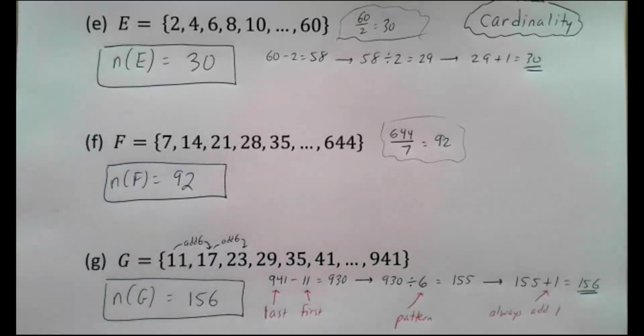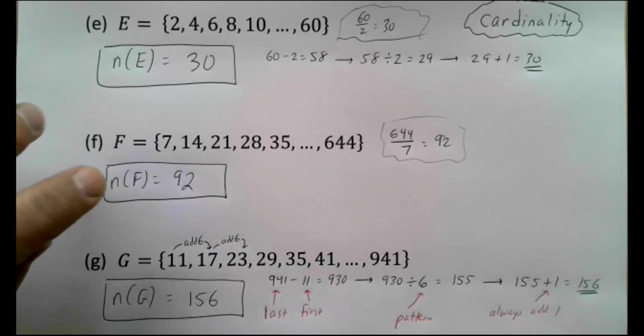For some of you, you're like, I got it because that's what my teacher said. If my teacher said that's the rule, that's the rule, and okay, I'm good with it. Others of you are like, I want to know why. My teacher said that's the rule, but why is that the rule? Why does that work? Why do we have to add 1 at the end? So let's continue talking a little bit here.